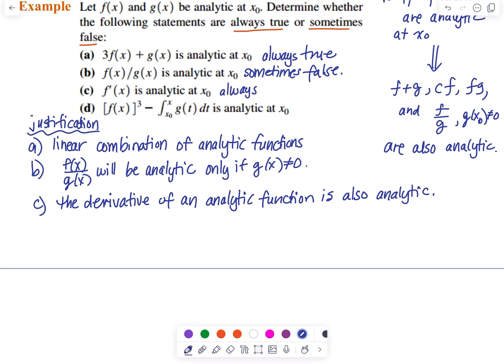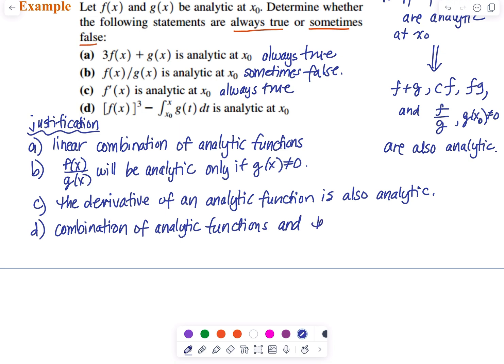And looking at part D, we do have a combination of analytic functions. And also, so here we have a combination of analytic functions along with term-wise integration of an analytic function is also analytic.